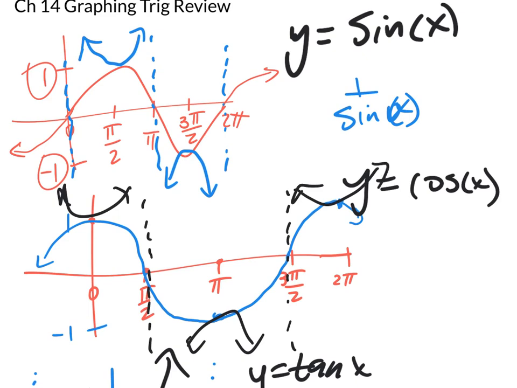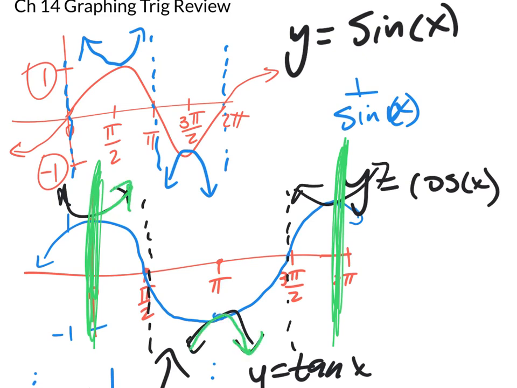Now, I didn't do just one period here because I have 2 up cycles and 1 down. So if you wanted to narrow it down to just one period, you'd cut it off here and cut it off here. And what's in between there, maybe I'll make it green now. That's the graph of secant, the sister function of cosine.